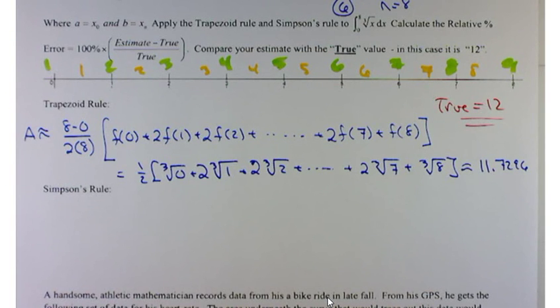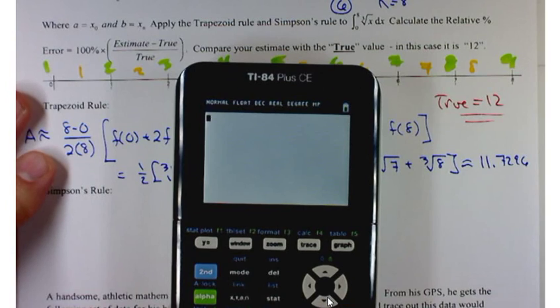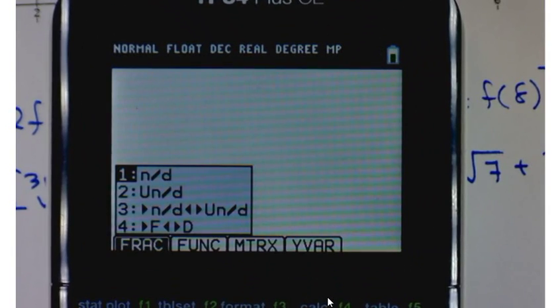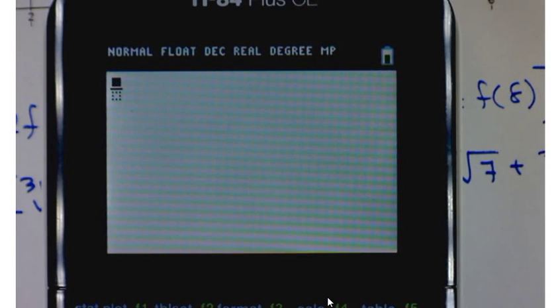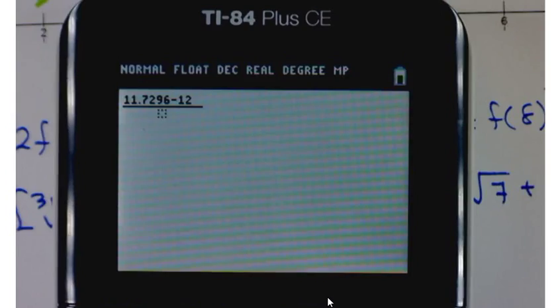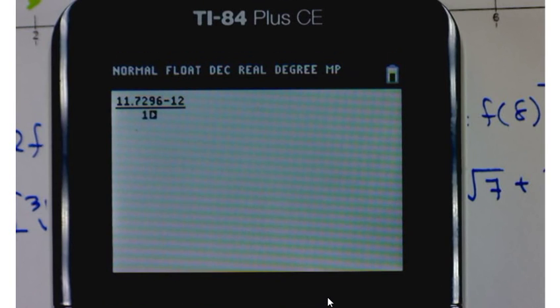Okay. It'd be nice if I had a calculator with some batteries. So let's calculate the relative percent error. Let's do a nice fraction for ourselves. So it's going to be (11.7296 minus the true value, which is 12), divided by 12, and then I'll multiply by 100.